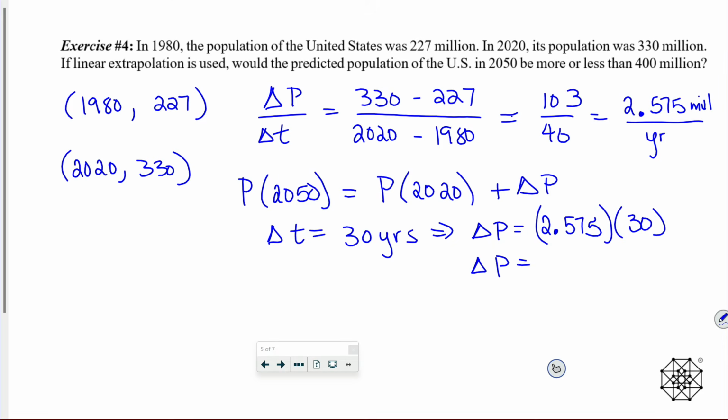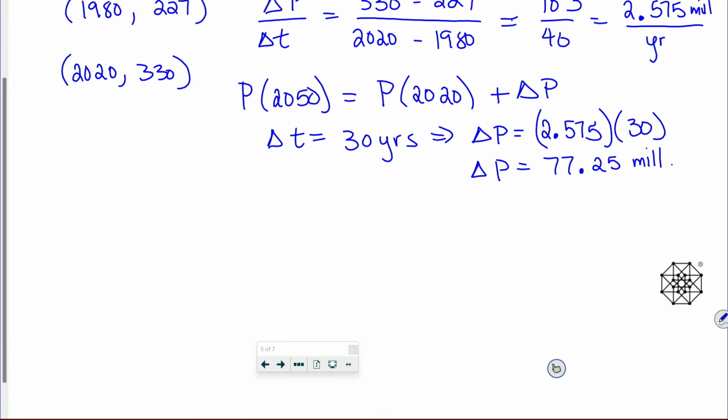So the population growth between 2020 and 2050 is predicted to be 77.25 million, right? Our population is predicted to grow, if we continue to grow at that rate, by 77.25 million people, which means my population in 2050, I can now predict to be, what was my population there?